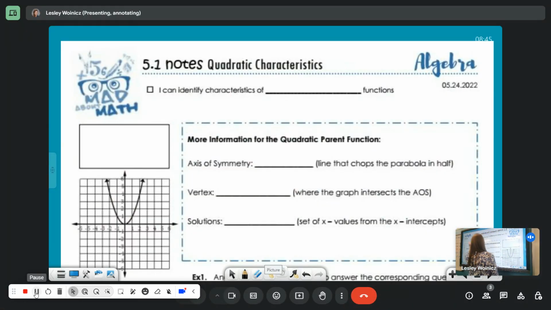We are going to identify characteristics of quadratic functions. Okay, you might recognize this fella. This is our quadratic parent.